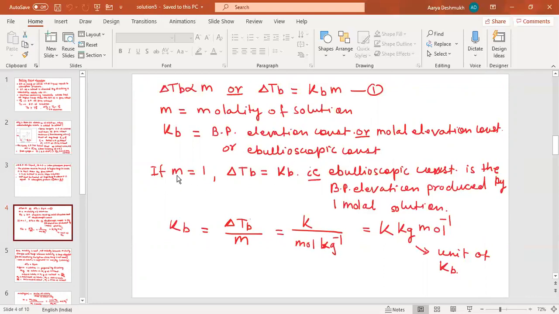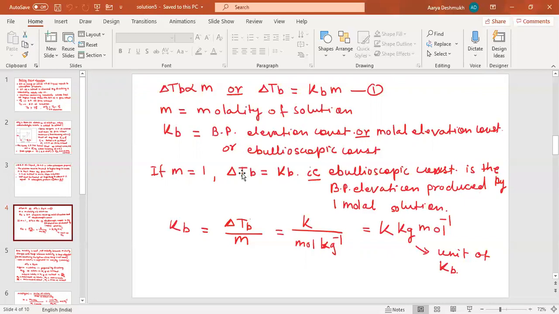Now if the solution is 1 molar, then delta TB will be equal to KB. That means if in equation 1 you put m equal to 1, delta TB will be equal to KB. So the ebullioscopic constant is the boiling point elevation produced by a 1 molar solution.